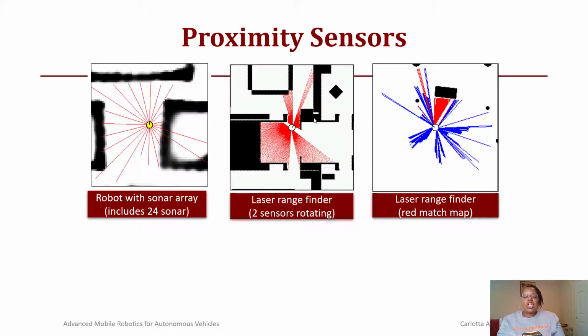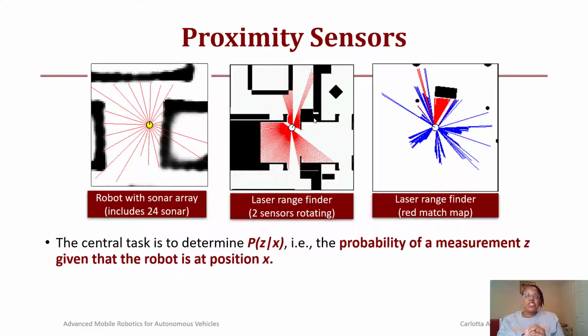And then here is where you take that laser data and match it to your map, and use it to determine the ground truth of where the robot's laser data is most accurate. So your central task today is to determine the probability of a given measurement knowing the robot's pose in the world.